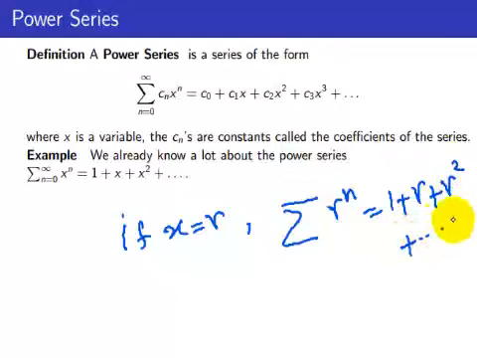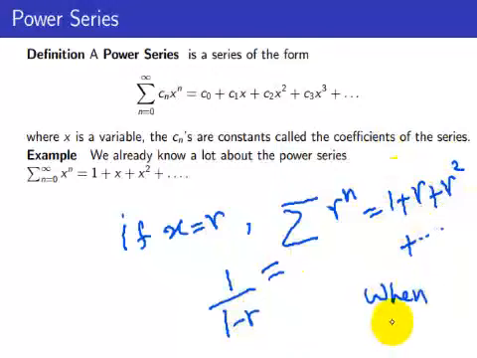So this is a geometric series, and it converges to 1 over 1 minus r whenever the modulus of r is less than 1.